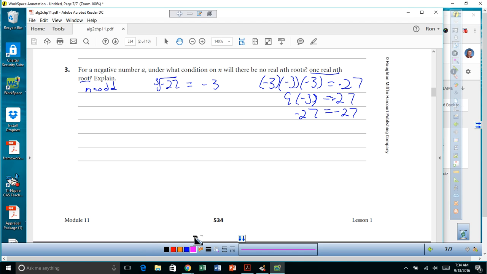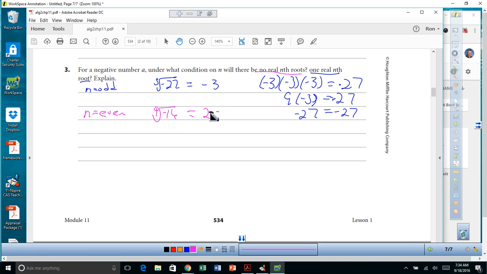Well, how would you get no real roots? If n is even, 2, 4, 6, and so on. What if you had the fourth root of negative 16? What is that?